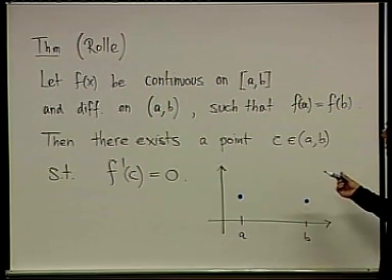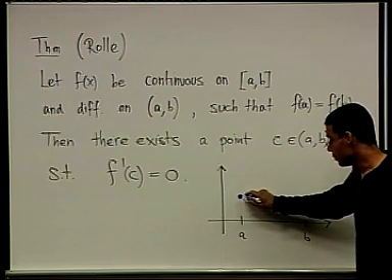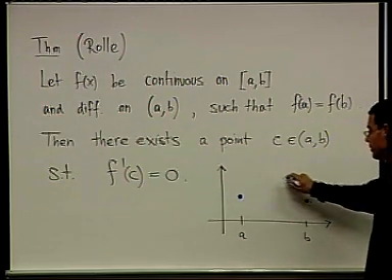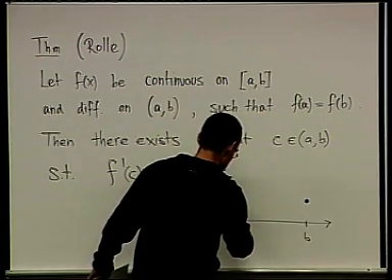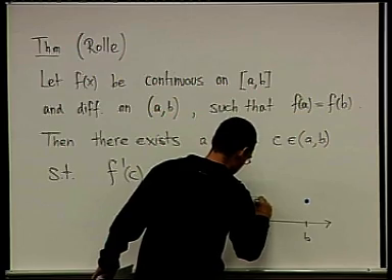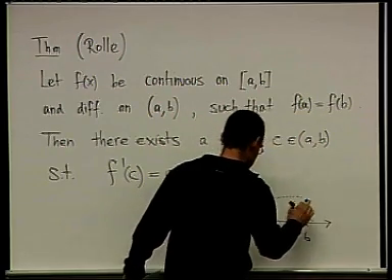If it's not a constant function, then, well, it has to either go above the constant. Let's draw this value here. Let's dot it just for reference.